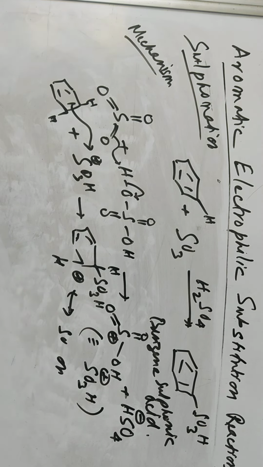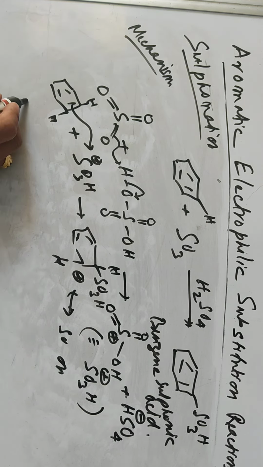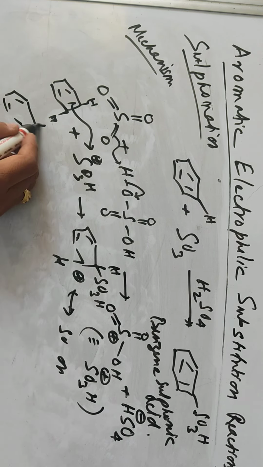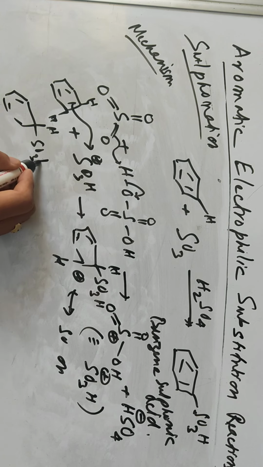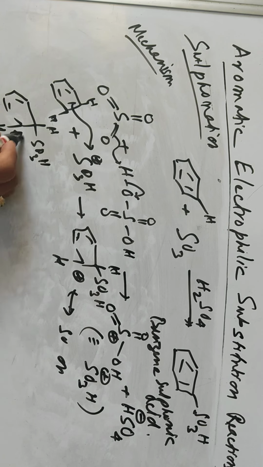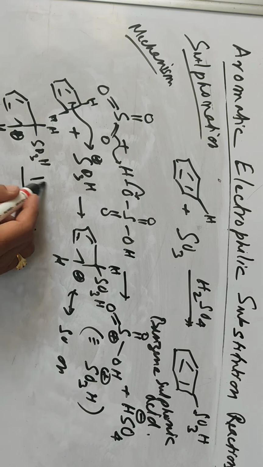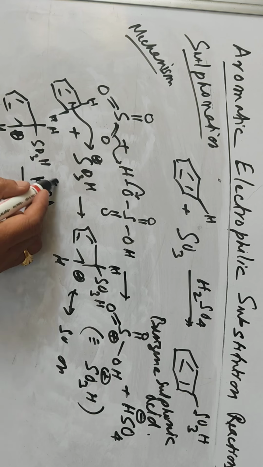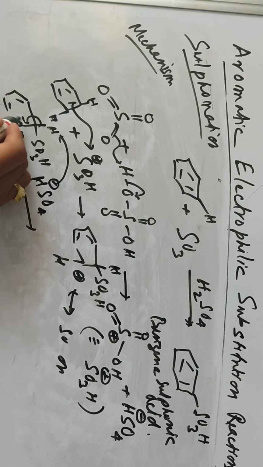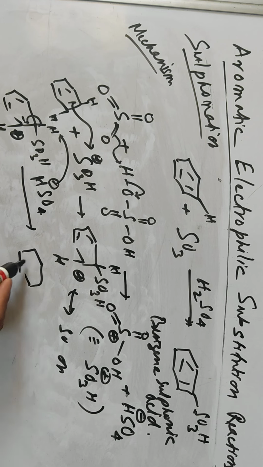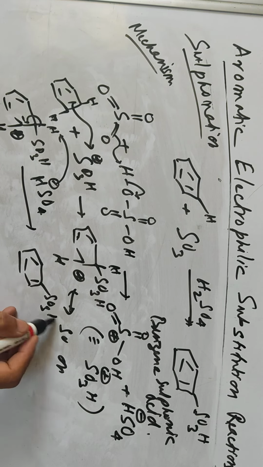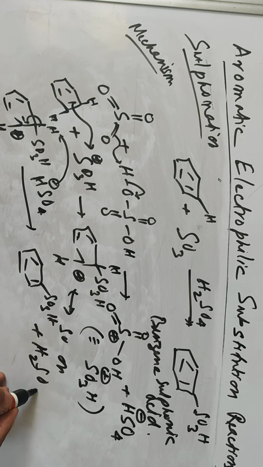The final step is the loss of the proton here by reacting with HSO4 minus, with hydrogen here, positive charge. Sulfuric acid is regenerated. So we get the final product, benzene sulfonic acid, plus sulfuric acid. This is the overall mechanism of the sulfonation reaction.